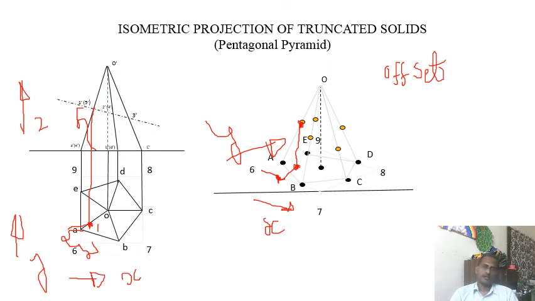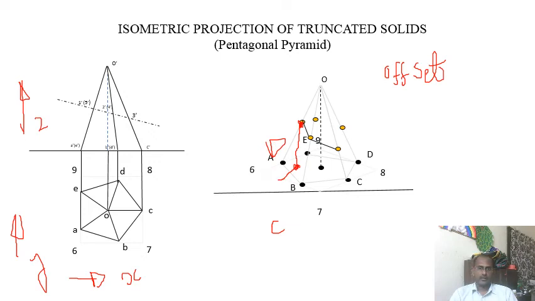Okay, 3 things I have done. Now what I have done is I transfer the point 1 into the isometric view by tracing the point 1 in the simple front and top view. I got x and y information from the top view, and then I got z information from the front view.